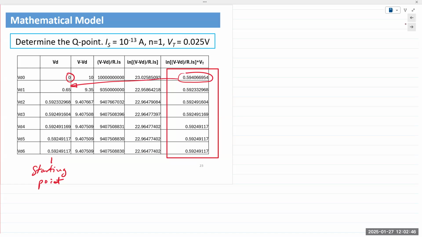Okay. So I went then to 0.65. When I plugged in 0.65, I obtained 0.5923. That still does not match. So I plugged in 0.5923, and I obtained 0.5924. Actually it matches, but I wanted to make an example, so I went like 5, 6, 7 times down the line.